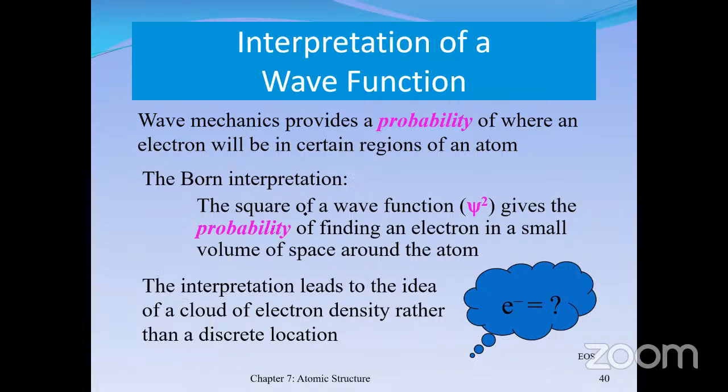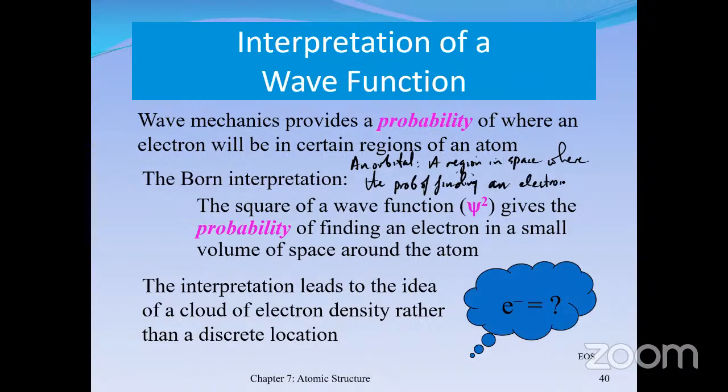So an orbital is basically a region in space where the probability of finding an electron is greater than 90%.